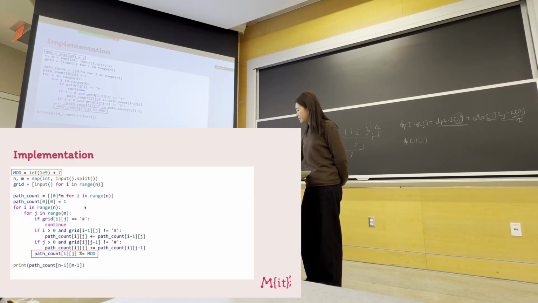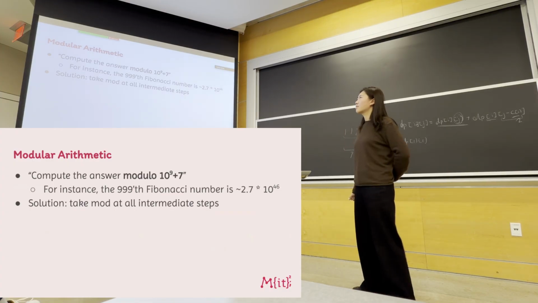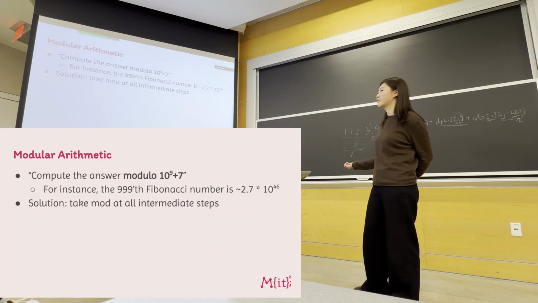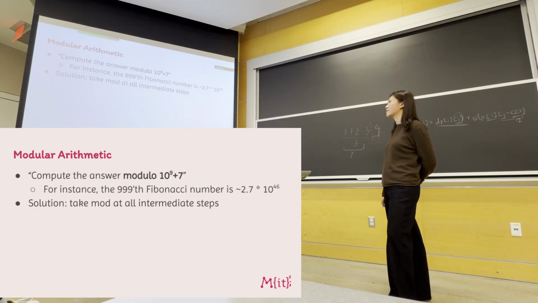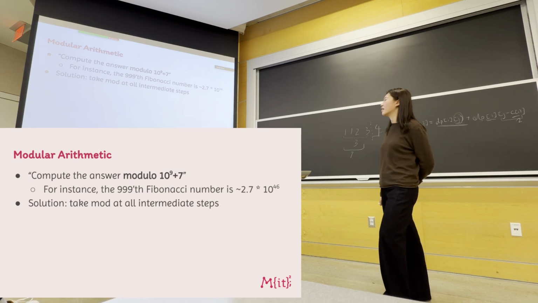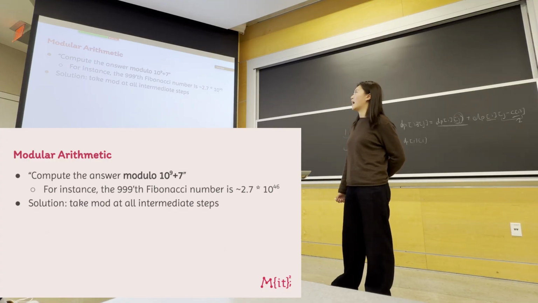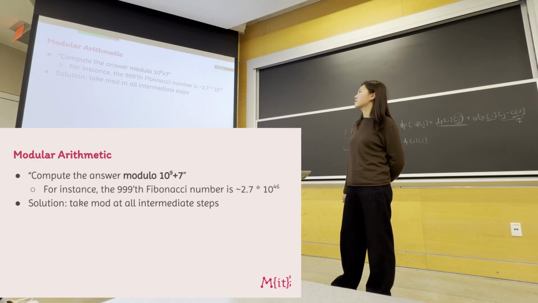How we use modular arithmetic in coding is that when we are computing some very big numbers, such as a Fibonacci number which reaches 10 to the power of 46, it already passes the maximum integer value that Python could take. So the problem would normally ask us to answer it modulo 10 to the power of 9 plus 7.